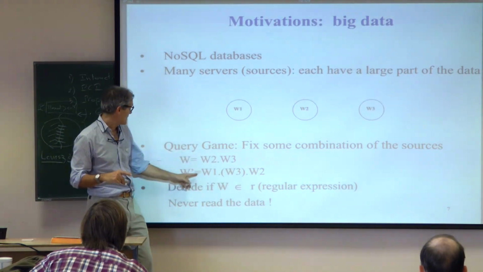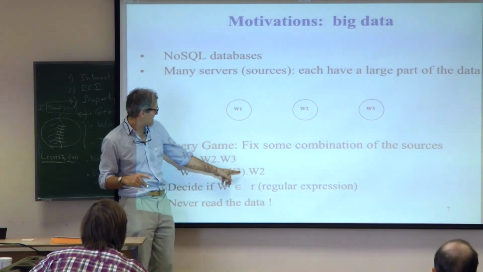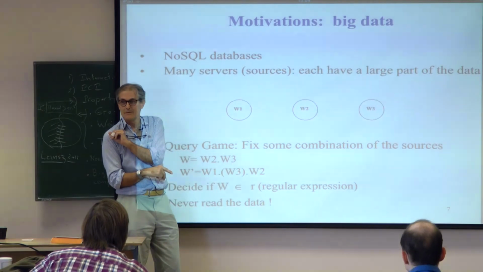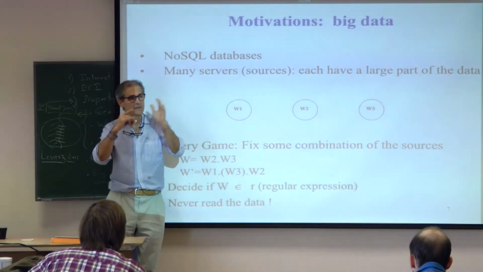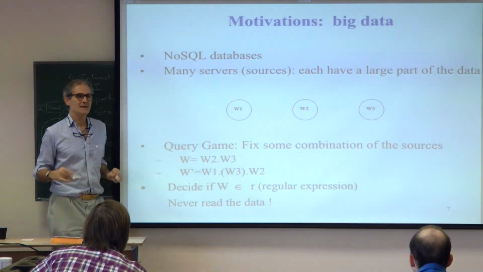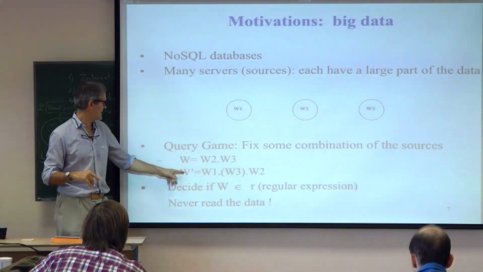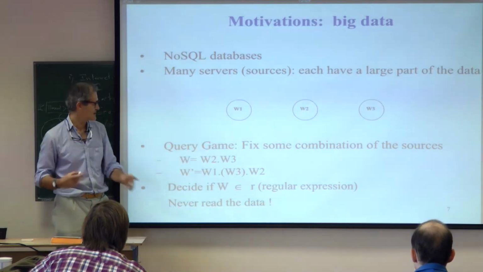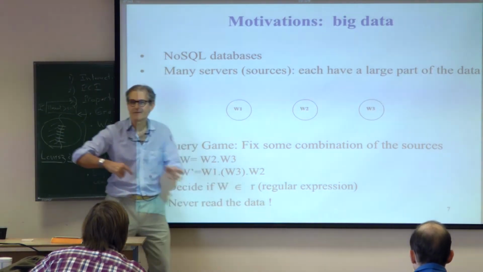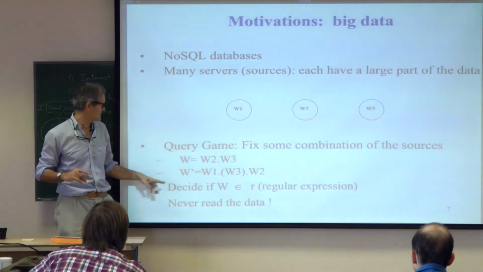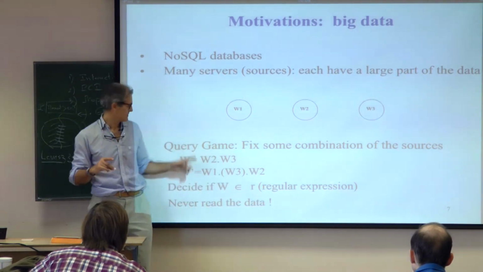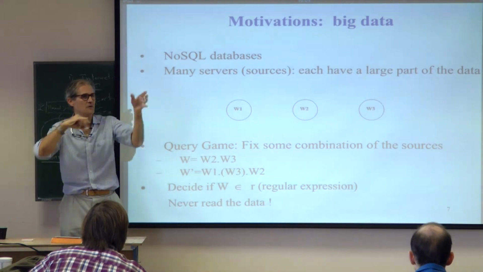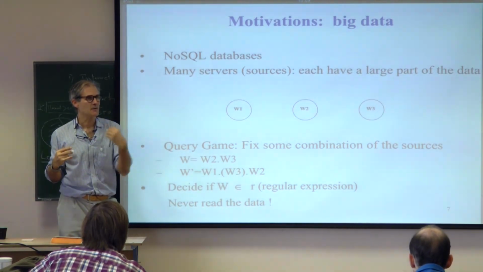Or I can ask, I want W1 followed by W3 reverse followed by W2. So we fix basic combination operators on words. You announce the current data, and you have hundreds of regular expressions, so you want to ask, which of the DTDs is my new word closest to? This is my basic query.